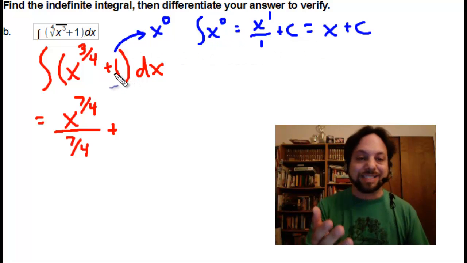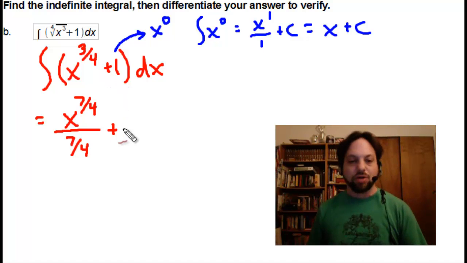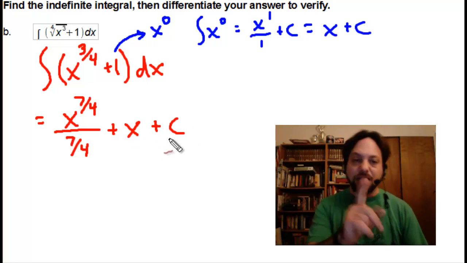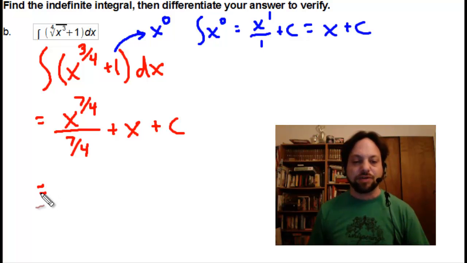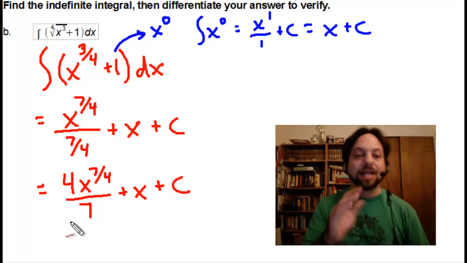When I'm integrating a constant, I'm literally just going to put an x on it and be good to go. So that means this is just going to be plus x. Now, why do I need that plus c? I'm going to get into that in just a second, but first let's go ahead and further simplify this. Let's call this 4x to the 7/4 all over 7 plus x plus c. That is our final answer.